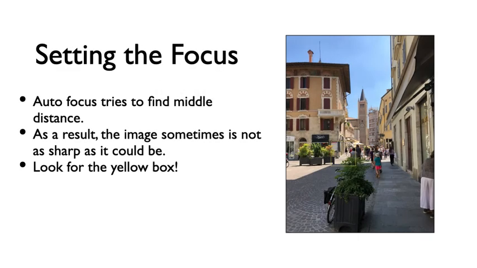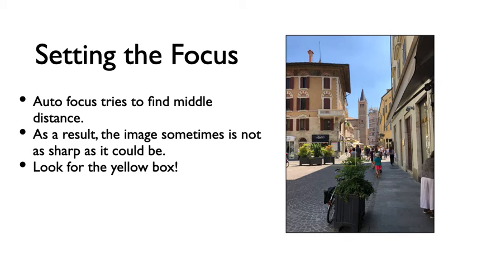Let's talk about setting the focus first. All of our pictures, when we open the camera app, there is something called autofocus. And what it's trying to do is find the middle distance. Now, as a result, sometimes the image is not as sharp as it might be.